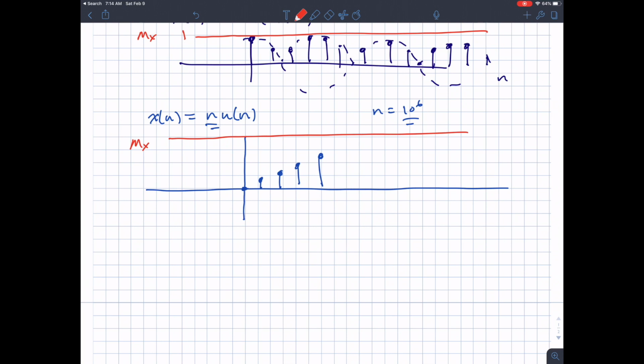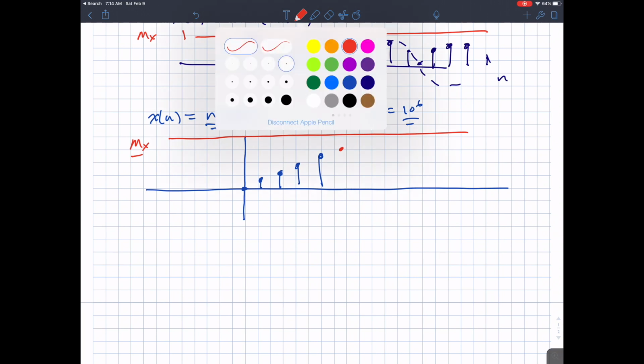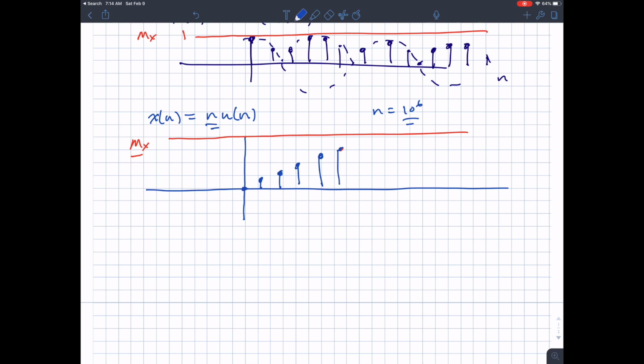No matter how big you make Mx, if you make Mx 1 million, at n equal 1,000,001 you're going to exceed that threshold. So no matter what, if you keep going with this ramp function, you will eventually cross the line and it will not be a bounded signal.